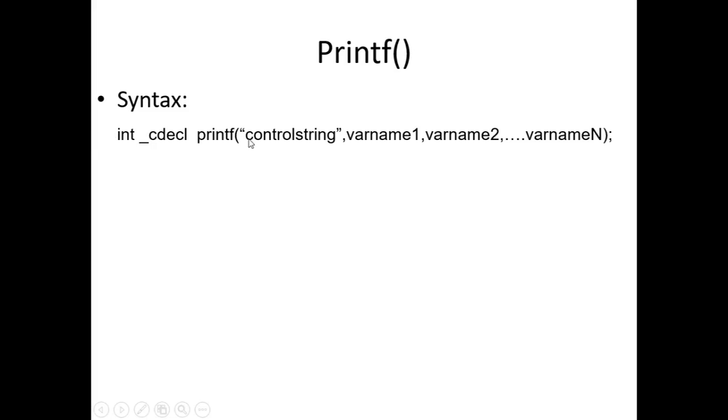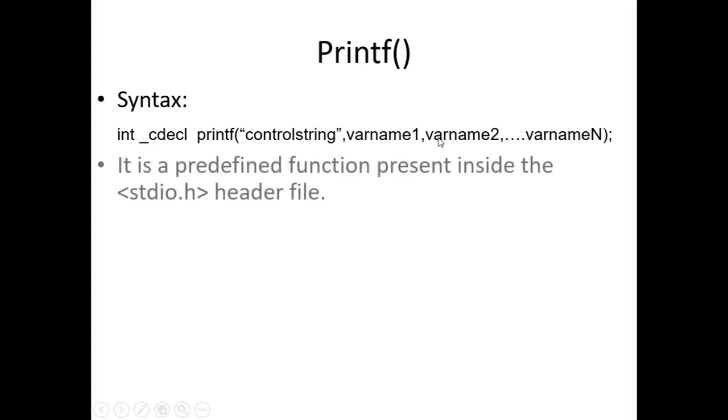And it has n number of parameters, among which the first is a string. It accepts a string, and from the next parameter onward, it can be a variable, a constant, an expression, a function calling statement, etc. But the first parameter should be a string. See, and the functionality of the printf statement is present inside the stdio.h header file.